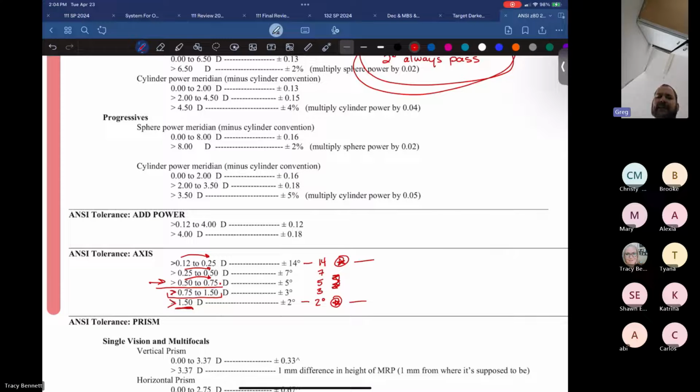Last I remember, it was one end or the other of the spectrum. Okay. So either it'll be a really high powered lens and you're only allowed 2 anyway, or it'll be a low little quarter and you get the maximum 14.